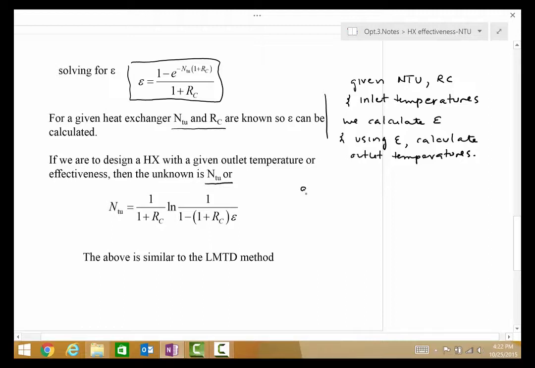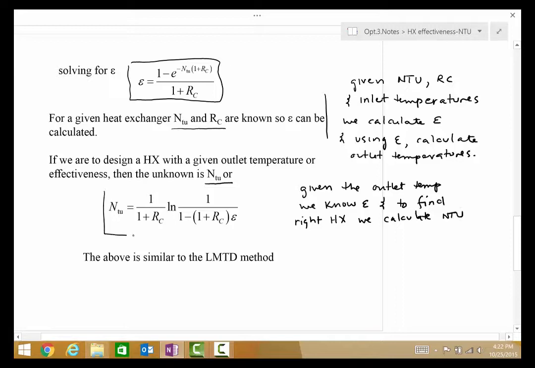So given the outlet temperature, we know epsilon, and to find the right heat exchanger, or the right size heat exchanger, to give that outlet temperature, we calculate NTU, and that's the case where we're calculating NTU from epsilon.